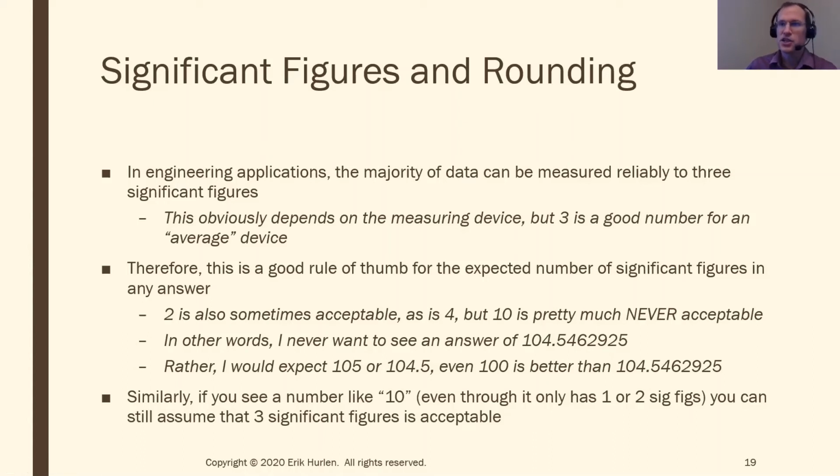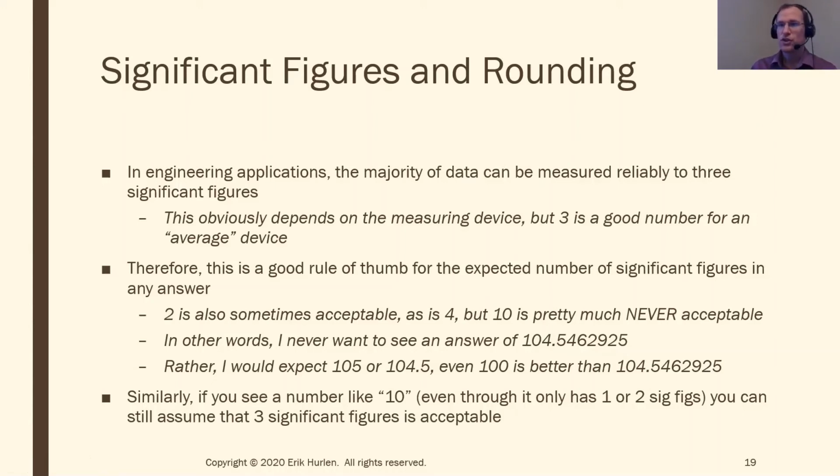In science and engineering, if you write down all those numbers, what you're telling me is that you know that this is closer to 104.546292.5 than it is to 104.546292.6. So you're telling me you have that amount of certainty in your answer, which you probably do not, because nothing, well, I shouldn't say nothing, but not many things in the world can measure anything to 10 decimal places. That's an incredible amount of precision.